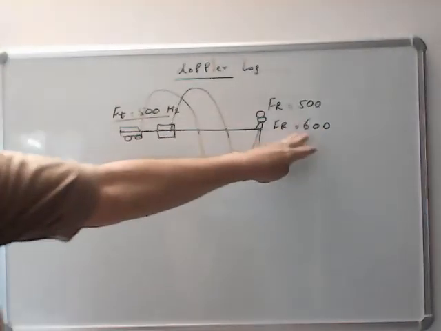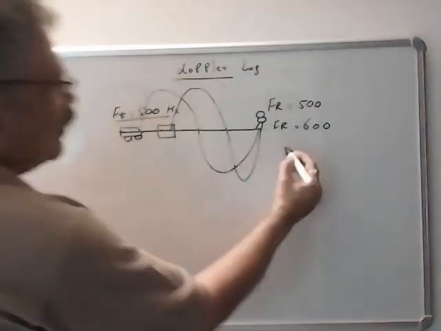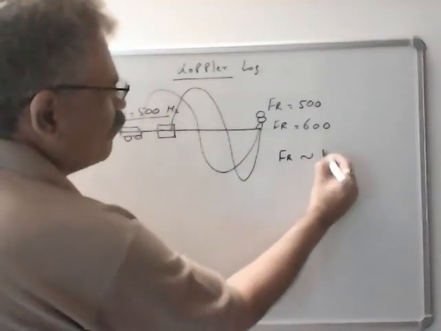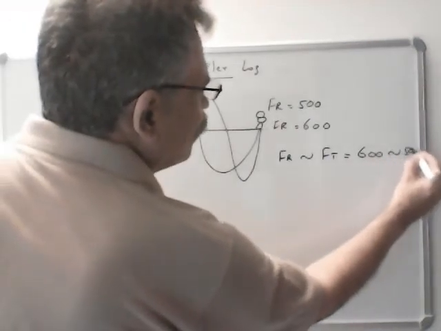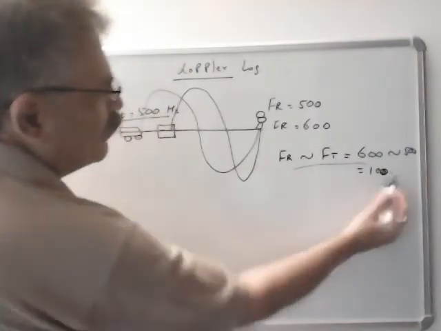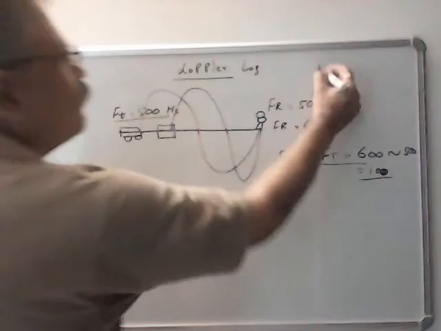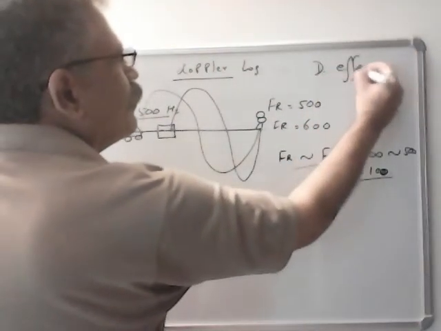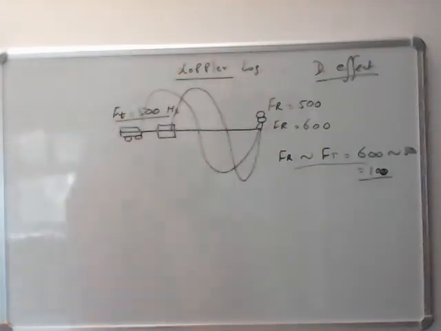So if the difference between frequency received and frequency transmitted is measured, in this case it is 600 minus 500, which is 100. So from this you can calculate the speed of the train. This is called Doppler effect. So this principle is made use of in the Doppler log.